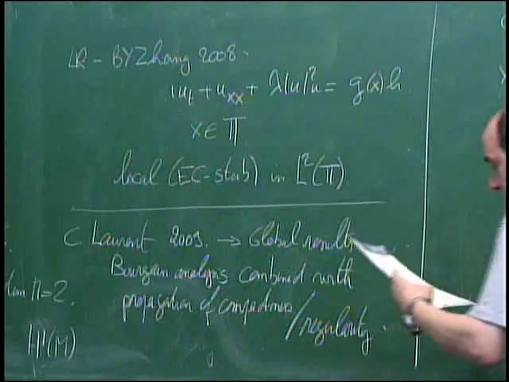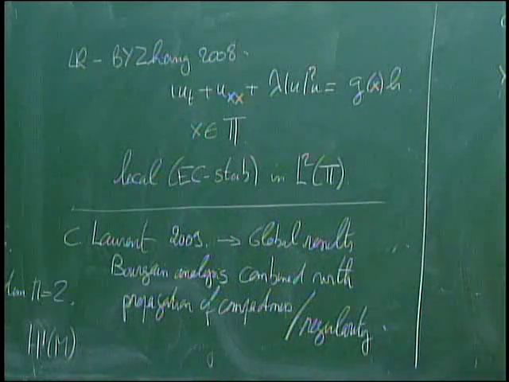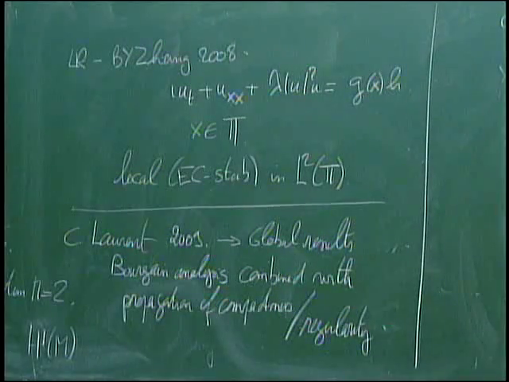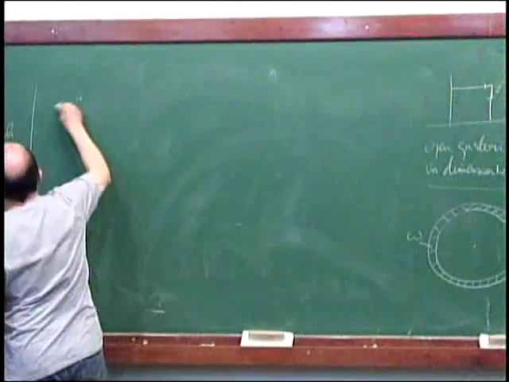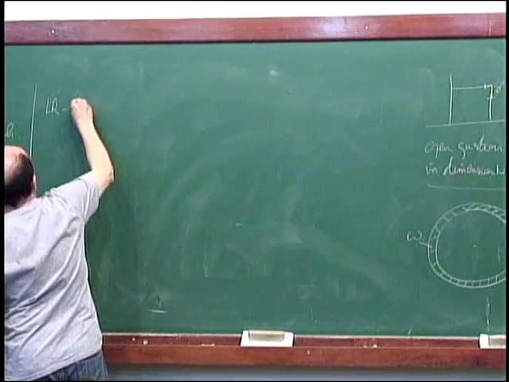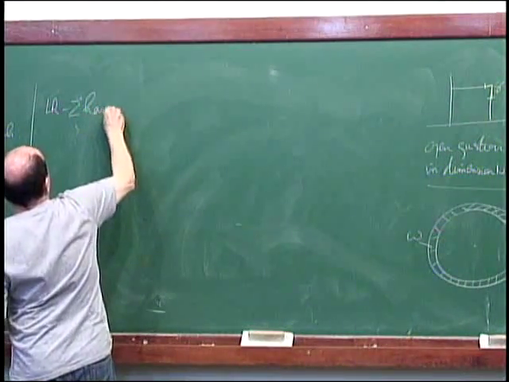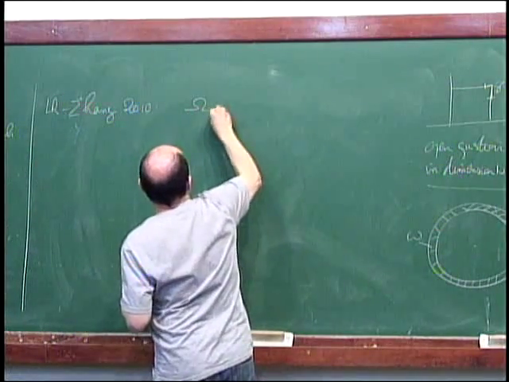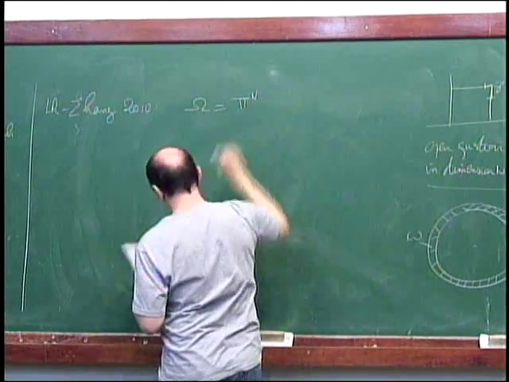So next, there is some work by myself and Bing-Yu Zhang on T to the n. So we extended it to the torus in dimension n. So it was for omega equals T to the power n.